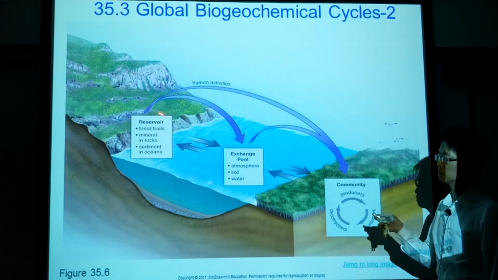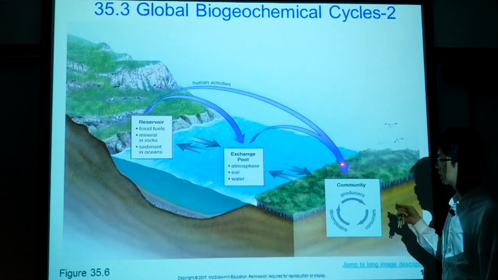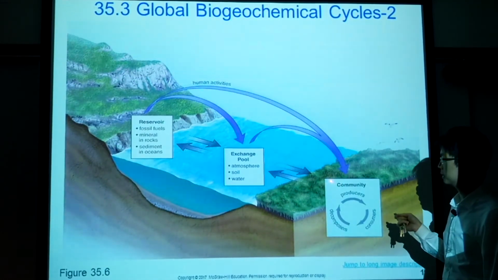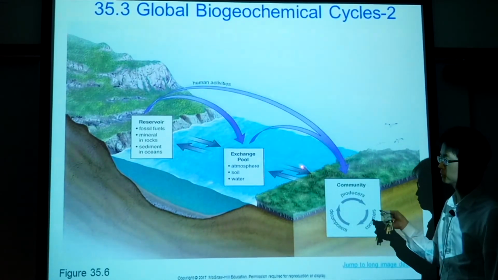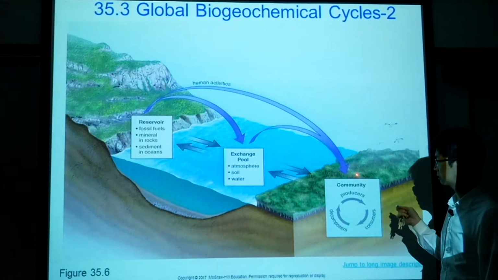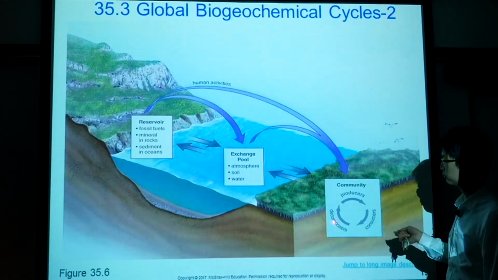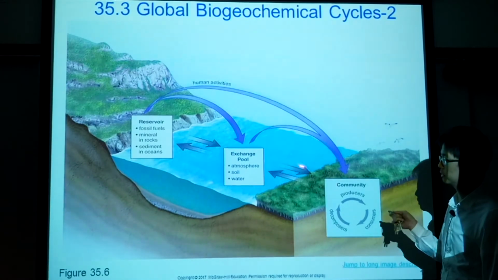So the inorganic nutrient may dissolve into water so that the community here, especially the producer, can absorb the nutrient from the exchange pool, the water. Then the producer will provide food for the consumer and decomposer, so on and so forth. So that's why you have these three different pools.